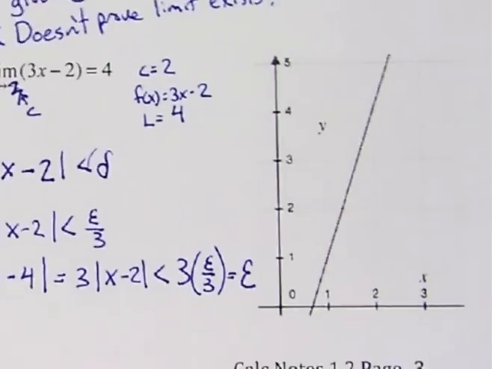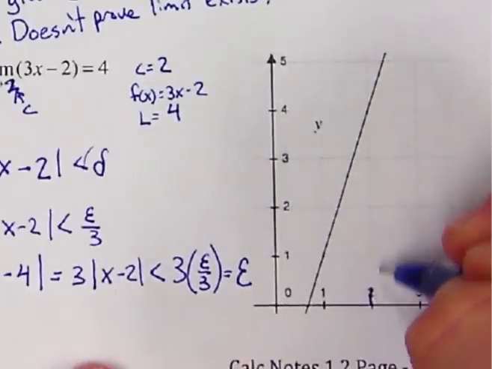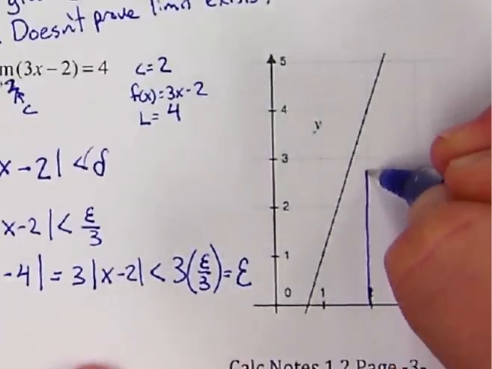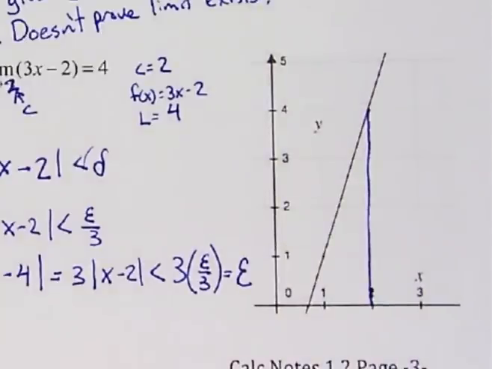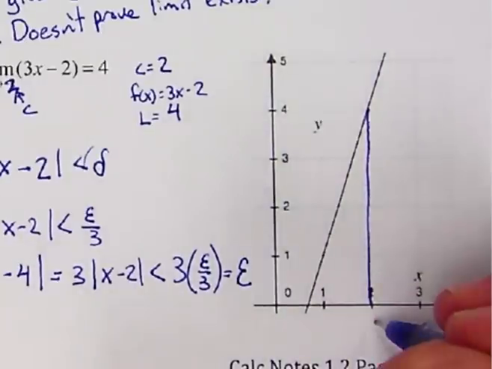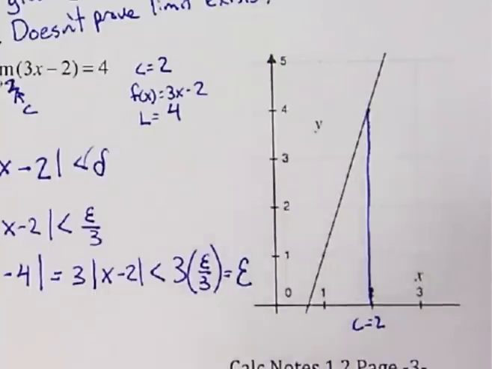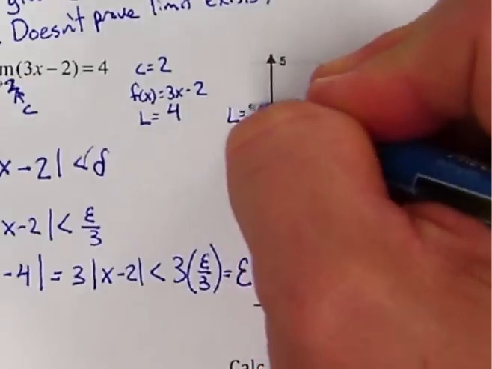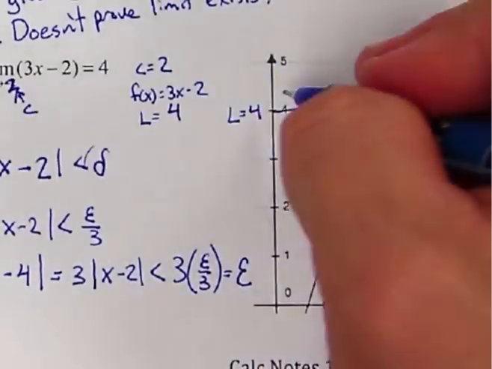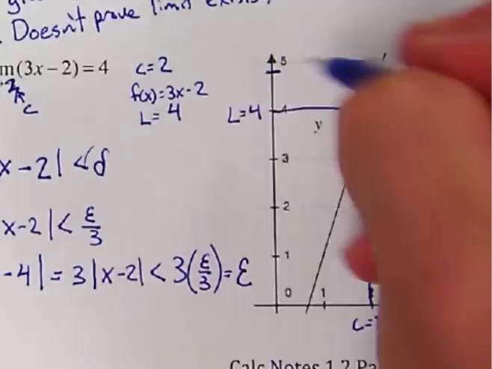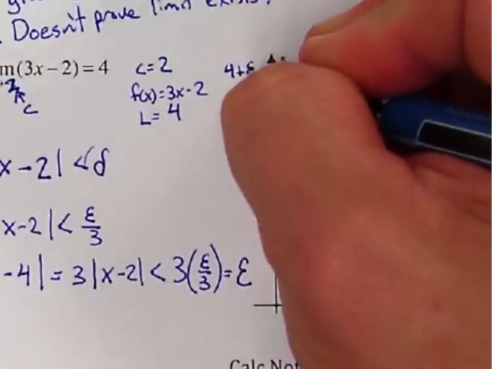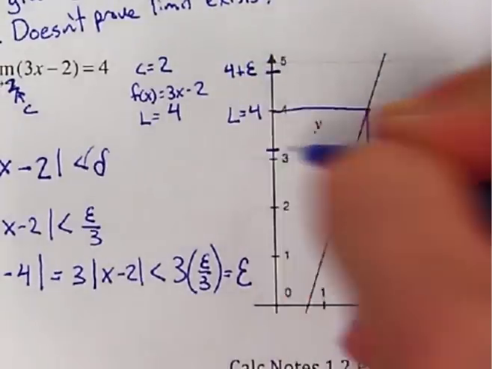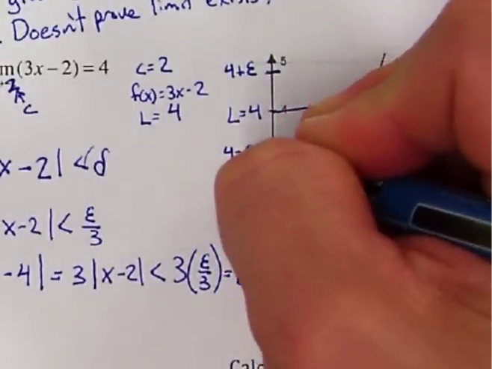So graphically, let's see what that looks like. So here's c equals 2. Here was our limit of 4. Here was our 4 plus our epsilon. Here's our 4 minus epsilon.